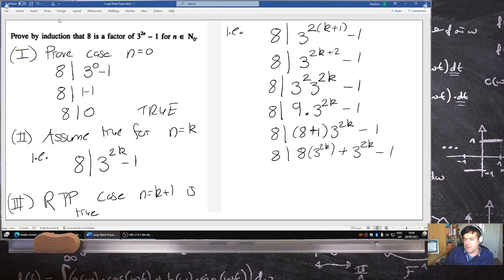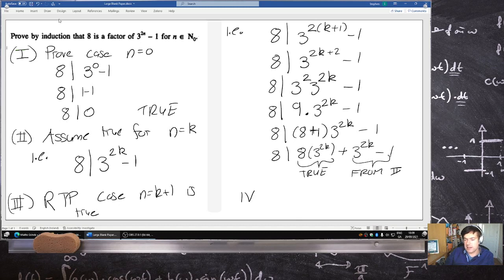So this is true, obviously. 8 will divide into anything that's a multiple of 8. You know, it doesn't really matter what integer number you get here. Whatever you get, you times it by 8, and so therefore it's a multiple of 8. So obviously 8 divides into this first piece, and 8 also divides into the second piece from our assumption in 2.